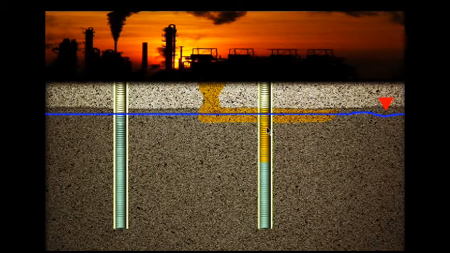And as it moves inside the well, and you have water on the other side, you have to think of this column of water here. This column of water plus this bit of LNAPL.